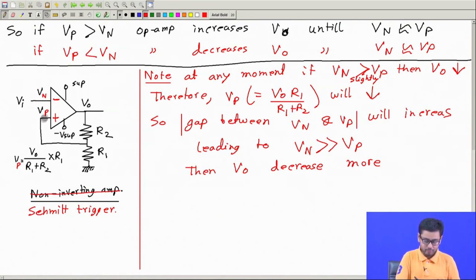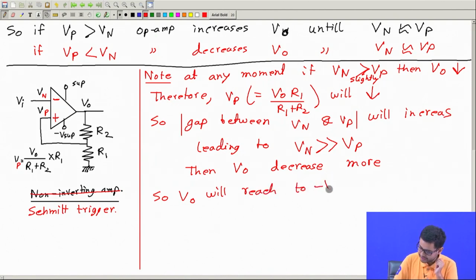Vn will become larger compared to Vp as time progresses, and Vo will keep going down towards minus V supply. How long? Until it hits minus V supply. So Vo will reach minus V supply. That means it will saturate.